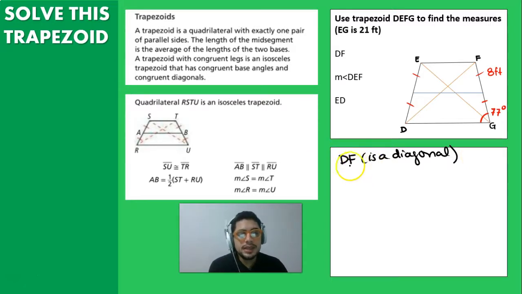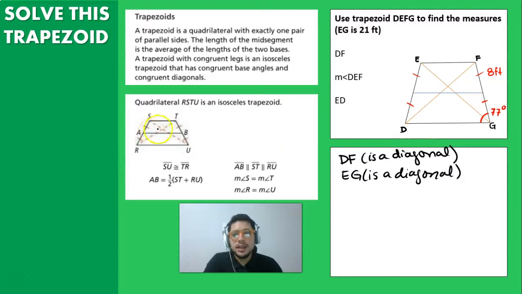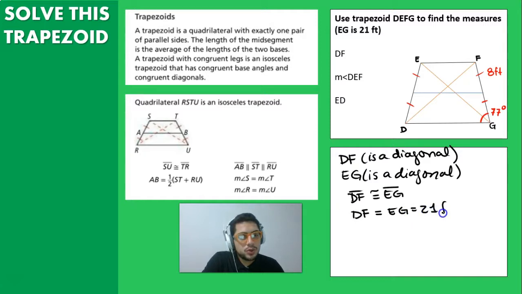So we know that because DF is a diagonal and EG is also a diagonal, they are going to be congruent, as you can see on the image on the left, that SU and TR are congruent. So DF is going to be congruent to EG. That means that the measurement of DF is going to be equal to the measurement of EG, which we were told was 21 feet, right? So that means that DF is going to be 21 feet.